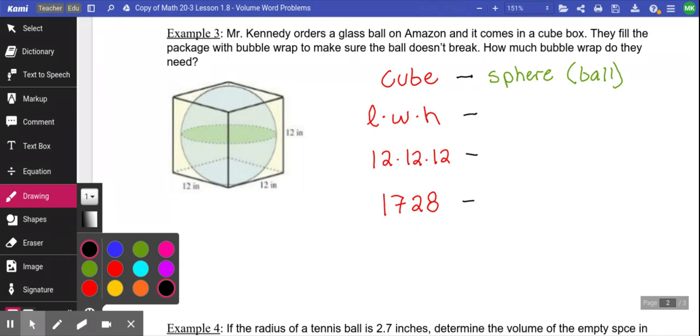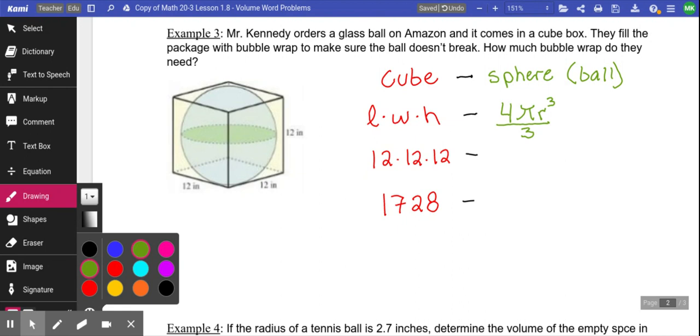You're going to go all the way to the right, and you're going to find that the volume of a sphere equals 4 times pi times the radius cubed, and then divide that answer by 3. It's the hard one to remember, the easy one to calculate, right? Spheres and cones are the hard ones to remember, but once you read the formula, they're the easier ones to calculate.